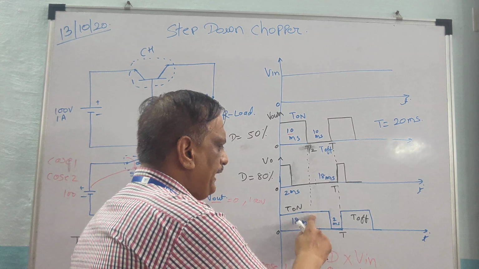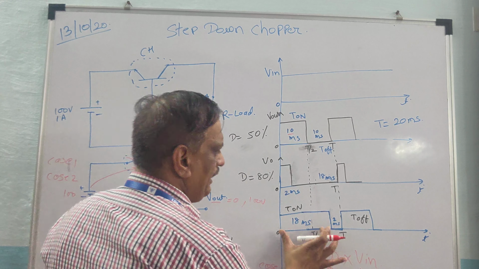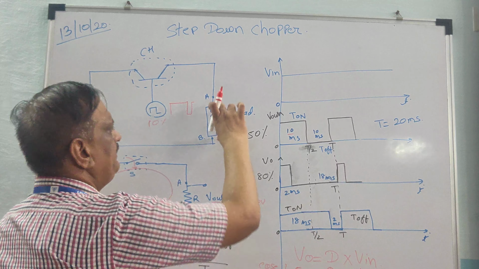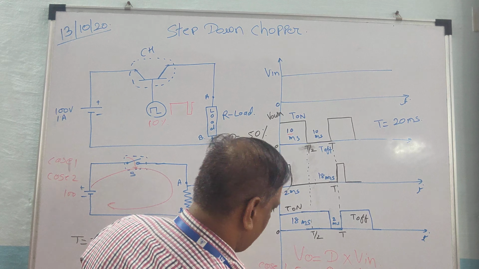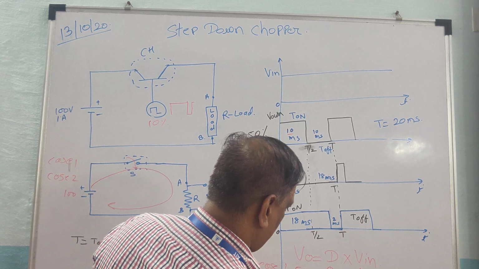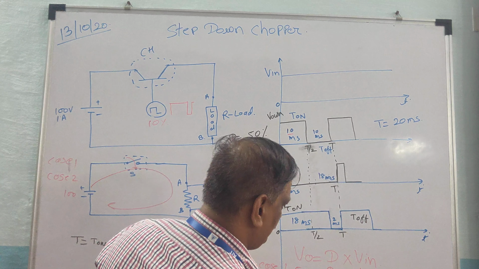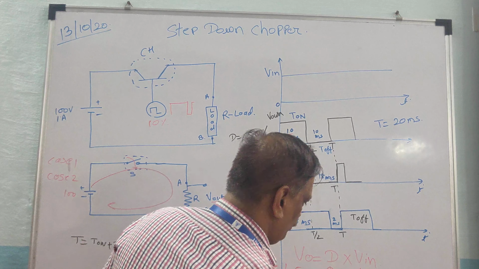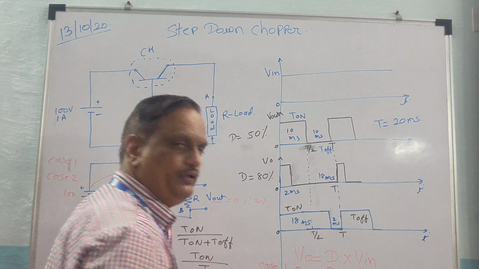So the on time is greater than the off time, and because of that the load voltage will be more. In case 3 my duty cycle is 90%. So 90% is 0.9 into 100, and it is 90 volt.